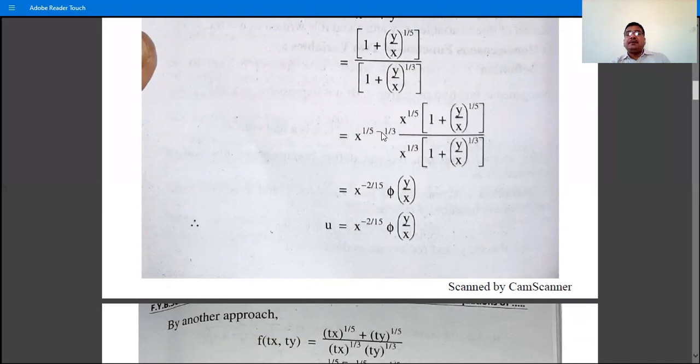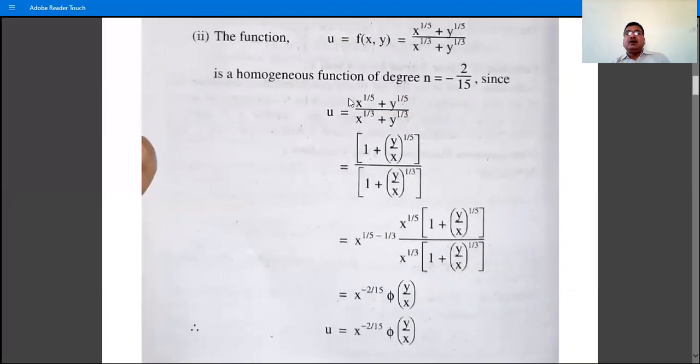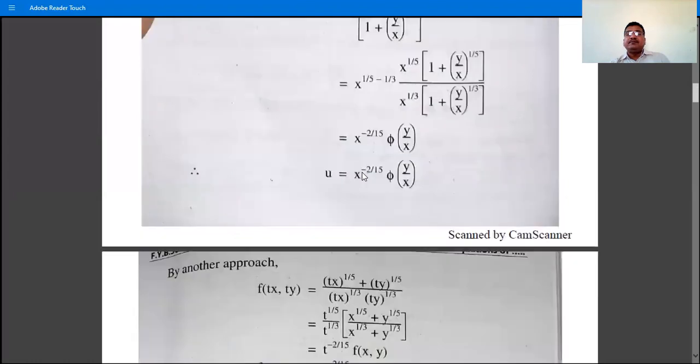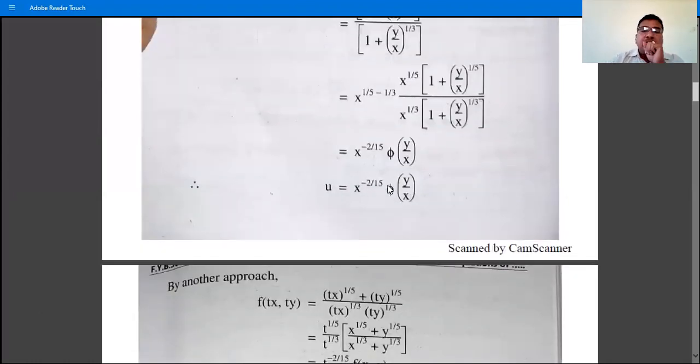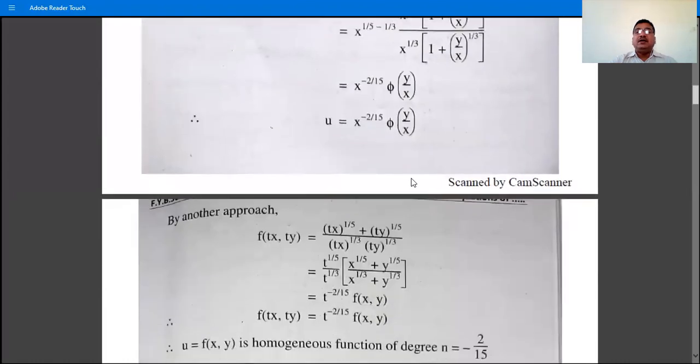The remaining part is a function of y by x, suppose phi of y by x. And therefore u or f of xy is expressed in the form x raised to minus 2 by 15 phi of y by x. And therefore this u or f of xy is a homogeneous function of degree minus 2 by 15.